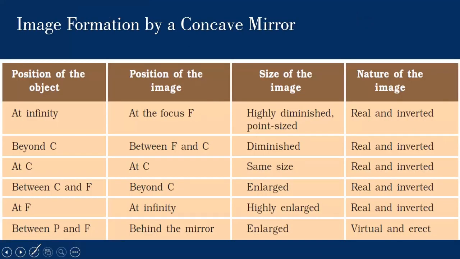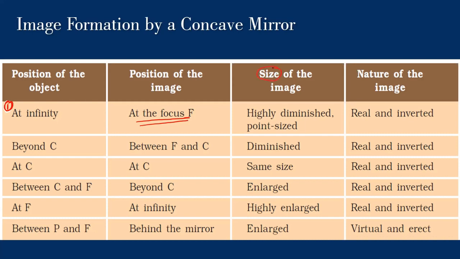Okay, so image formation by a concave mirror. As we have already discussed, this is the first position. The object will be at infinity. Now if the object is at infinity, where is the image formed? The image will always be formed at the focus. Whenever an image is formed, we always need to see two things.